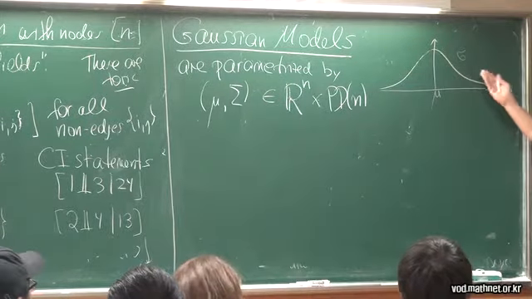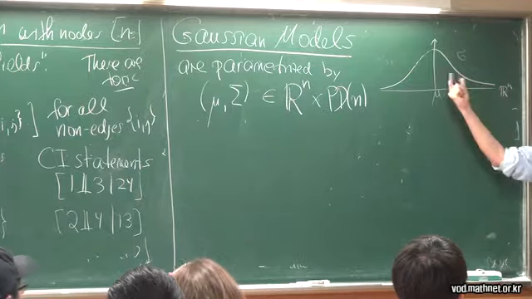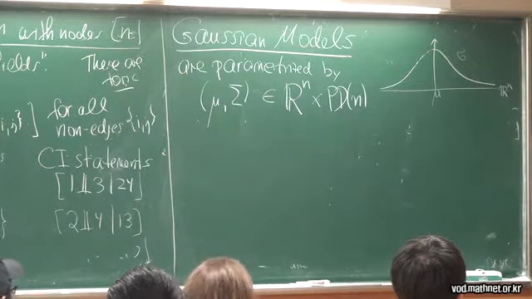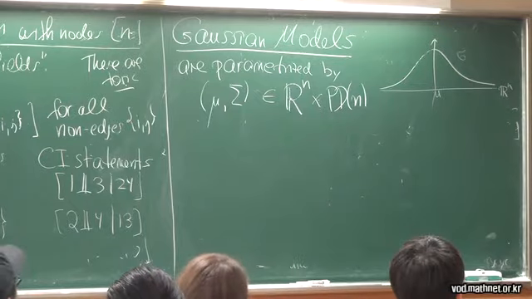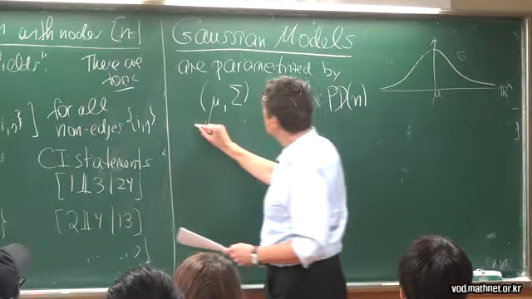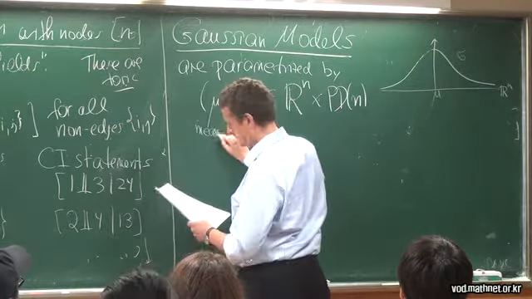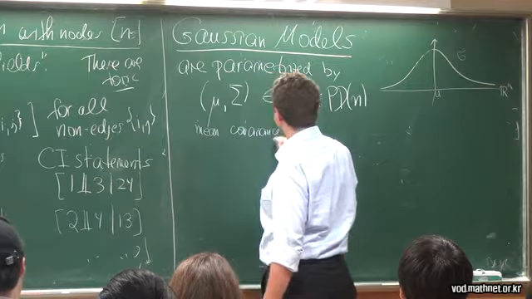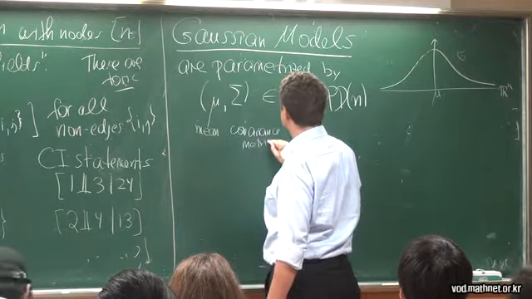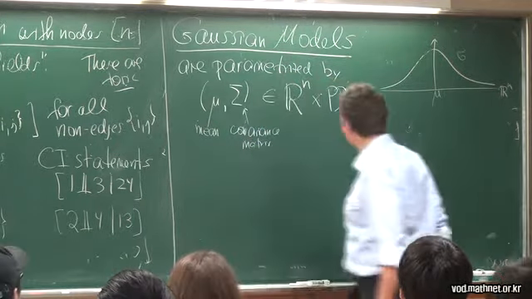So the role of the covariance that tells us the shape of this bell curve is now played by a positive definite quadratic form denoted sigma. So this is the mean, and this is the covariance matrix. Okay, the positive definite symmetric matrix.